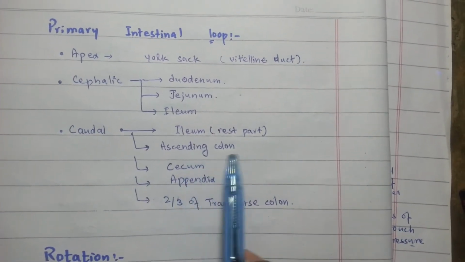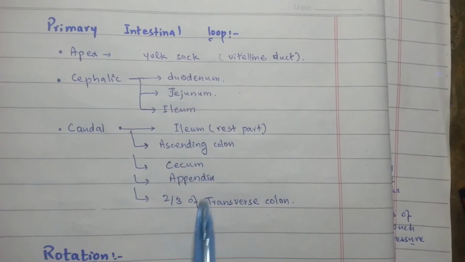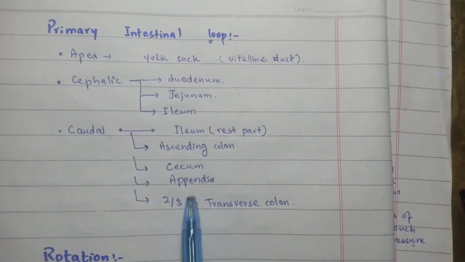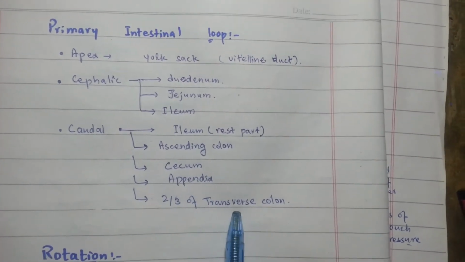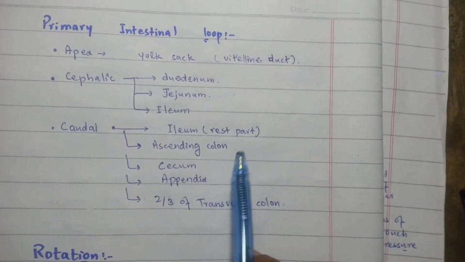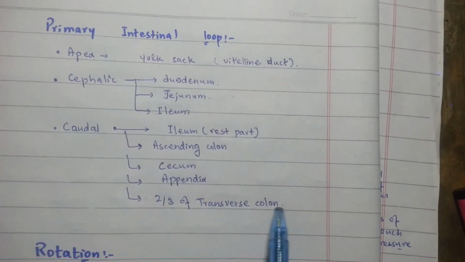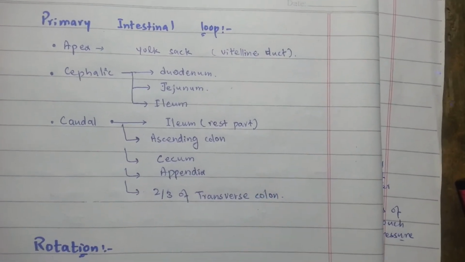Then the ascending colon is derived from the primary intestinal loop, then the cecum and 2/3 of the transverse colon. The descending colon is developed from the hindgut, and the rest of the transverse colon is also developed from the hindgut.